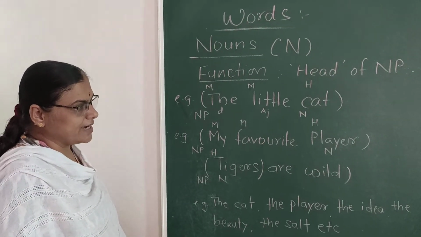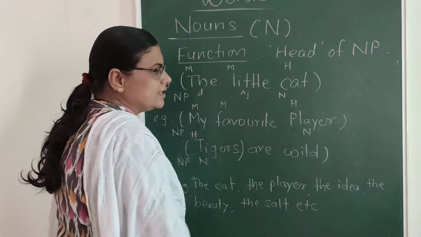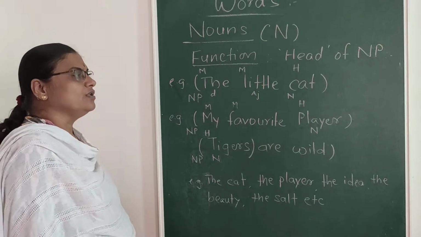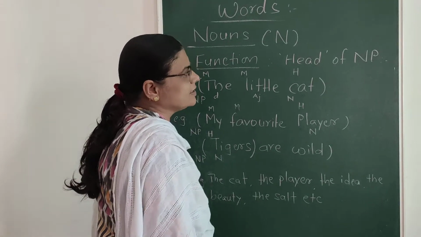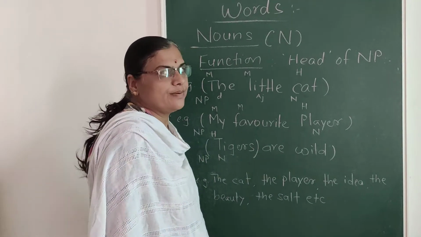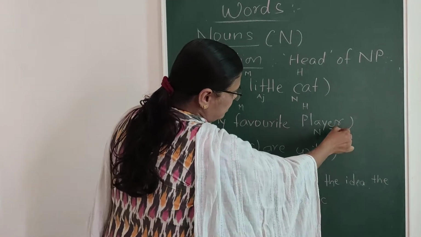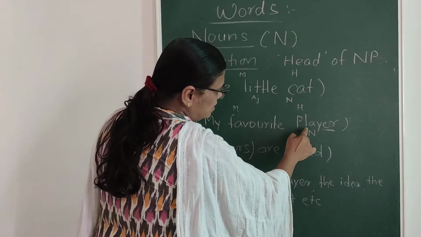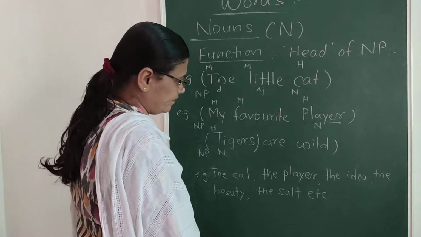You might have identified that this noun, player, as in the earlier video I mentioned, inflectional suffixes can tell us whether a word is a verb or a noun. Here the inflectional suffix er, attached to the verb play, turns it into a noun.